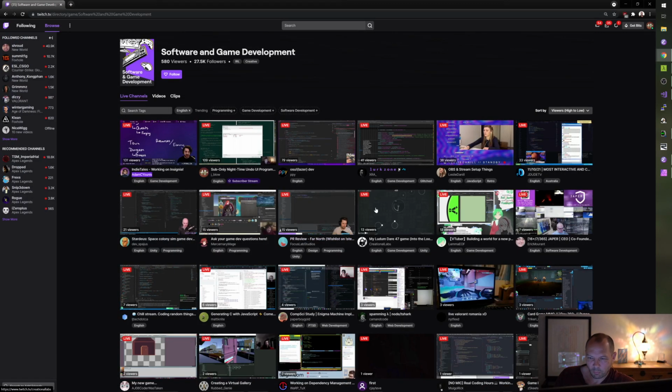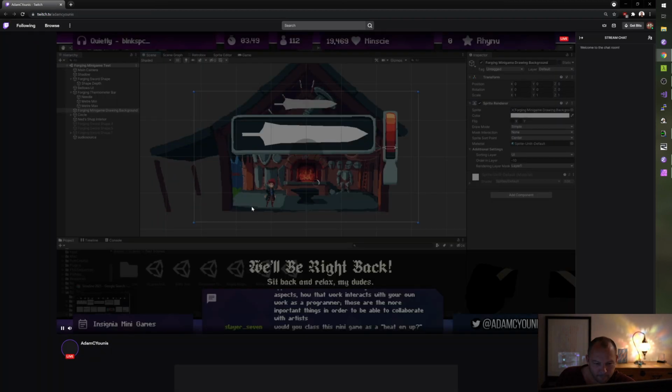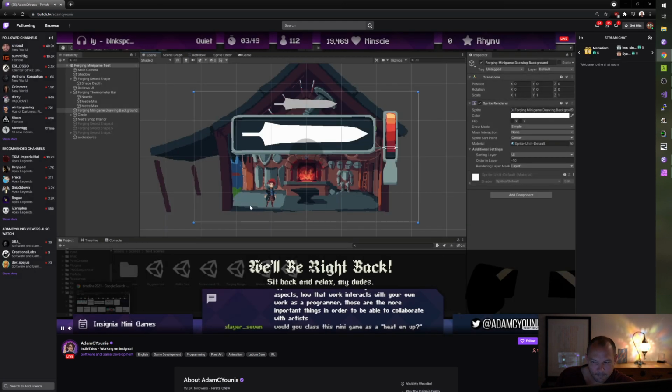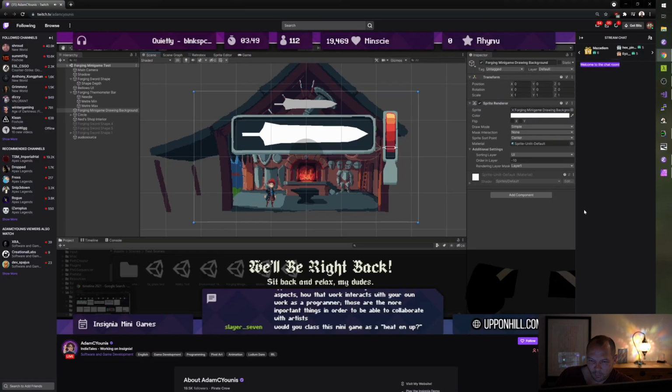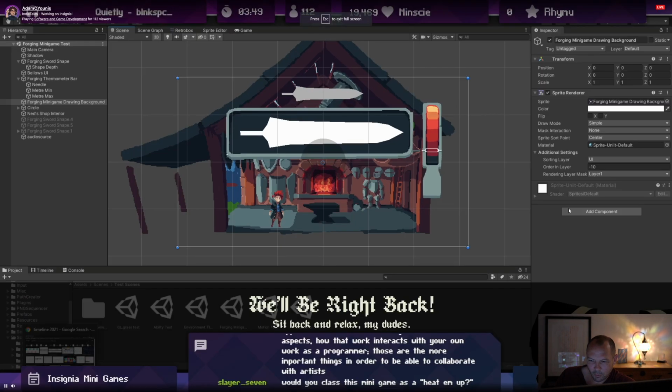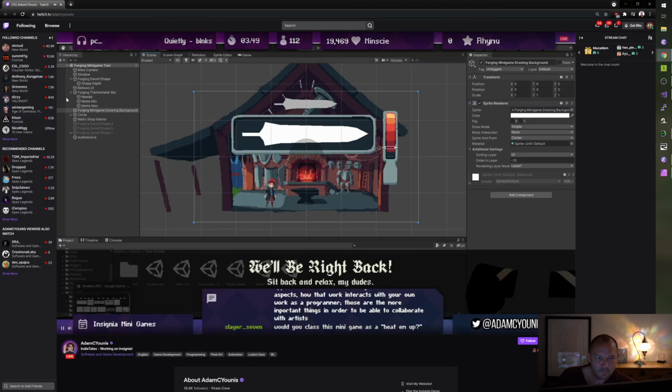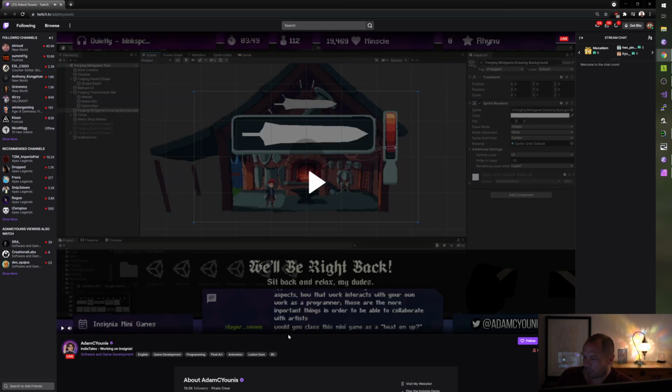Lurk Zone's a possibility. Add component. I'm adding components to Adam C. Eunice's game, but it's resizing the screen for some reason. Frickin' Unity. How am I supposed to make my entity component system if I can't even add a component?